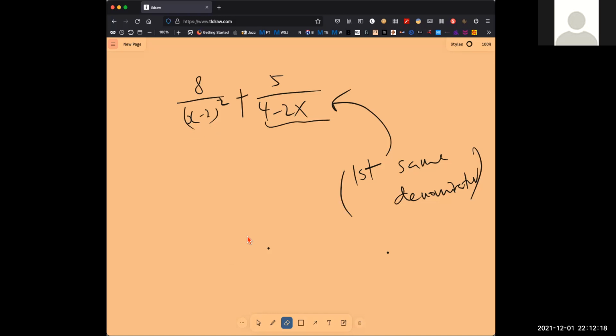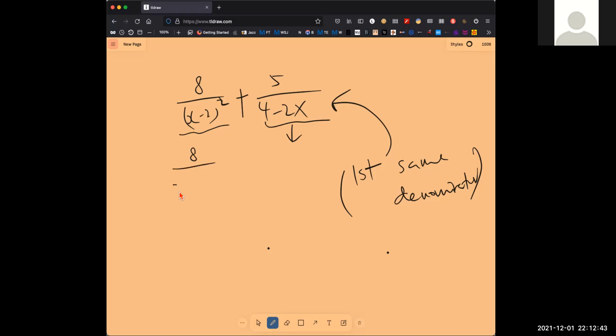So the step is you look at this 4 minus 2x. What do you see? 4 minus 2x. Can you see a common factor? What's the common factor here? For the second denominator, 2. Very good. So I'm not going to do anything to this first fraction first.